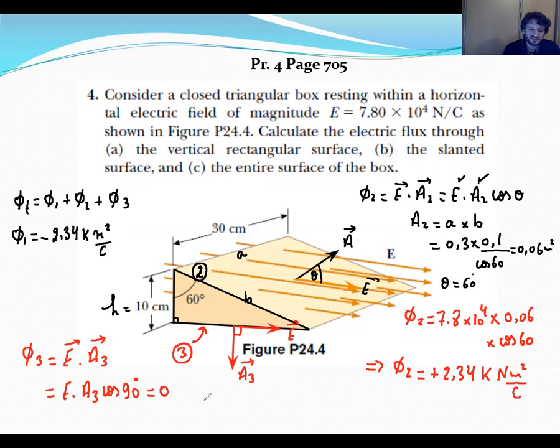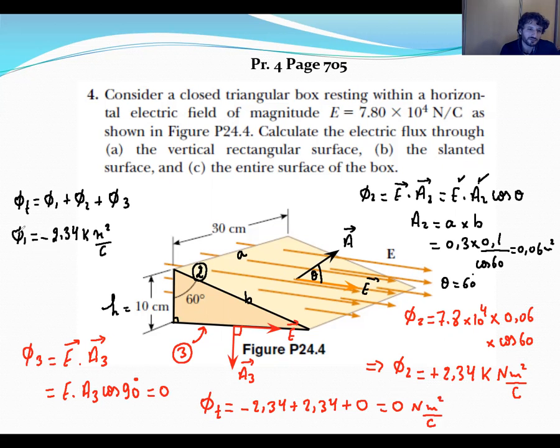We can say the total flux through the closed triangular box equals phi 1 plus phi 2 plus phi 3, which equals minus 2.34 plus 2.34 plus 0, which equals 0 Newton meter square per Coulomb.